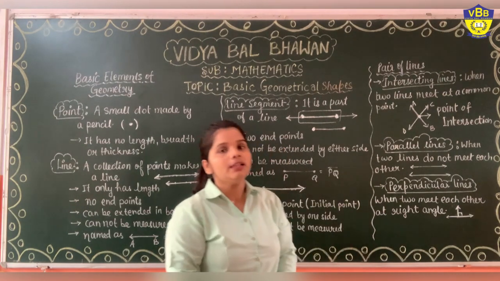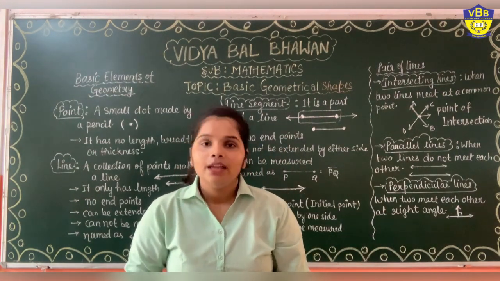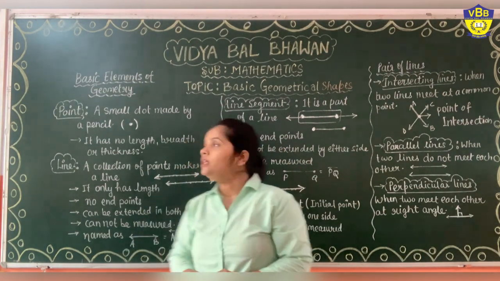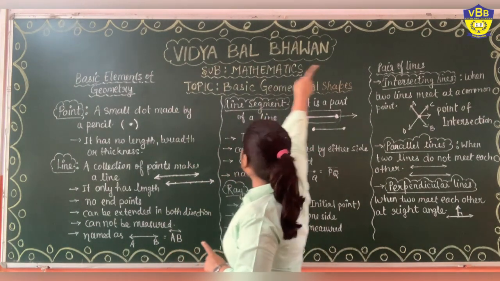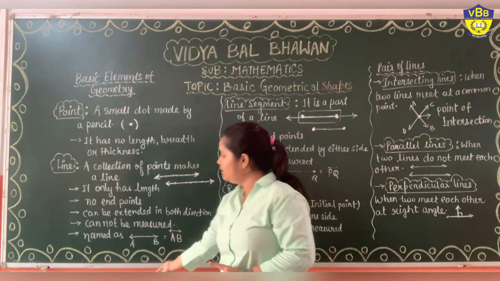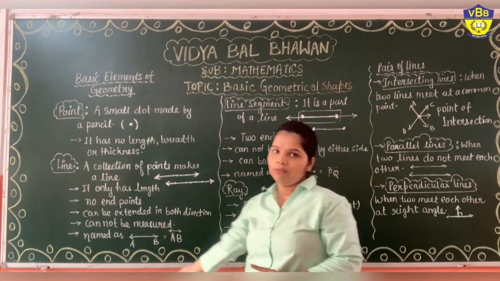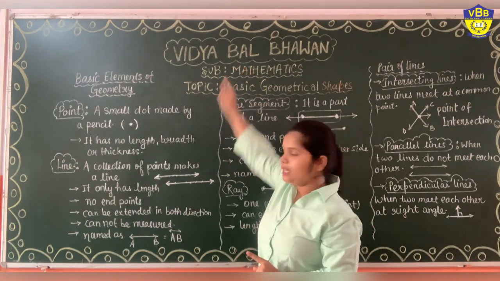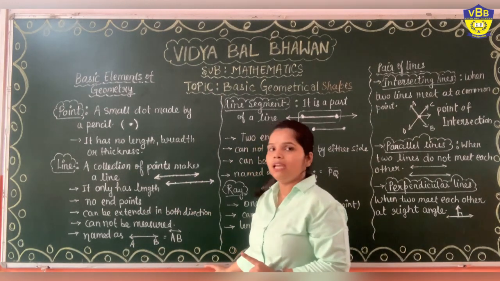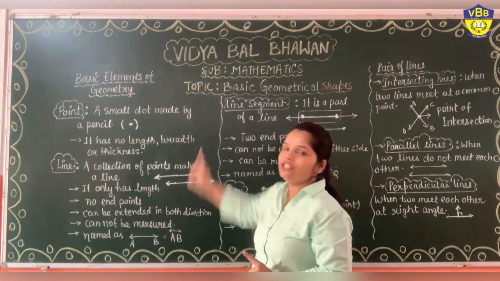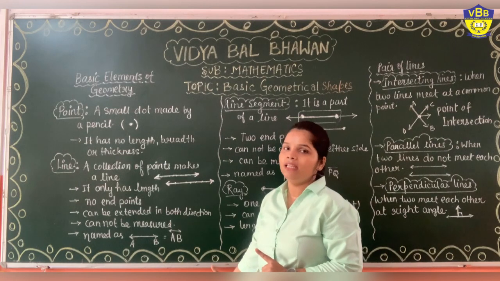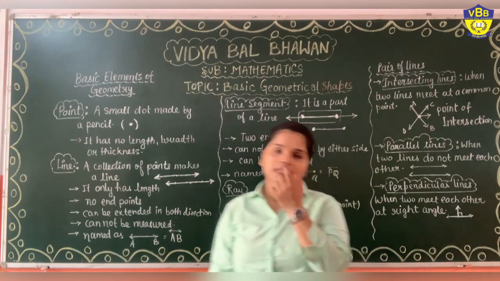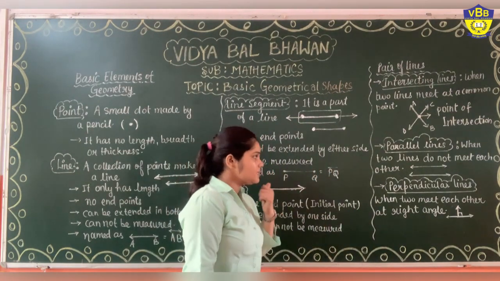For example, the railway tracks. And if I talk about the length of this board, this one side and this one side will not meet each other at any point. So these are parallel lines.